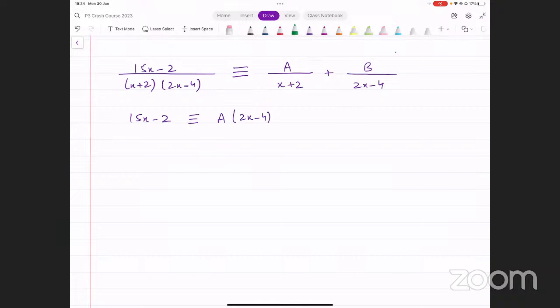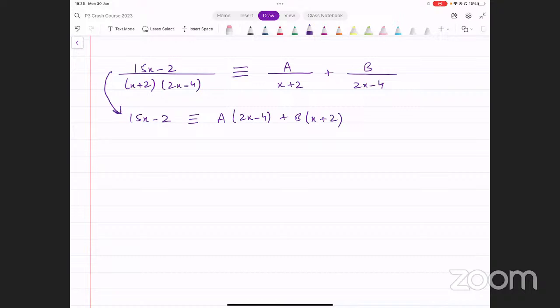When that happens, we have (x plus 2)(2x minus 4) multiplied with this B. And now 2x minus 4 and 2x minus 4 get cancelled, and we're left with x plus 2 there. So we have plus B times (x plus 2). So we have converted that form to this form now.